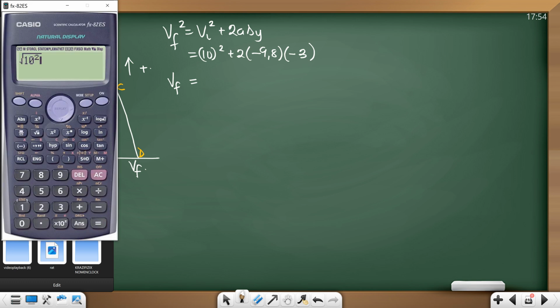Square root of 10 squared plus 2 multiplied by negative 9,8 multiplied by negative 3. If you don't do that negative, you are going to get an error. Let me try. I want you to see something. If I don't put a negative, this answer is wrong, and sometimes you get an error. All right, this is the correct answer, 12,60.